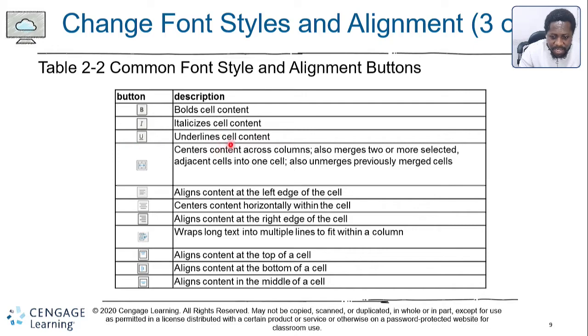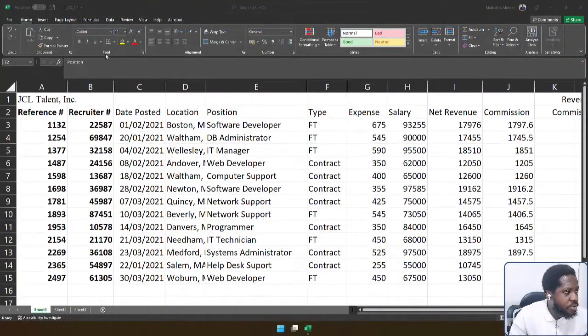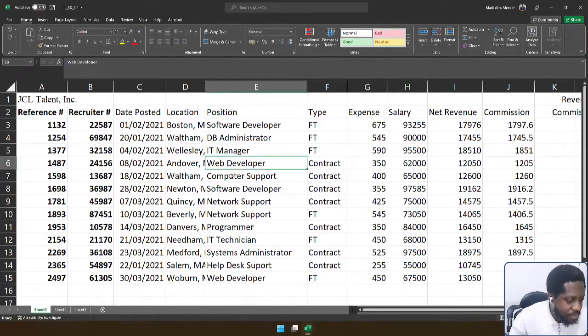The U will underline cell content, etc. All of these font styles and alignment buttons are available to you. You'll get to see all of them under primarily the font group and then the alignment group of your worksheet or working window. So that is for your information and for you to practice and know.